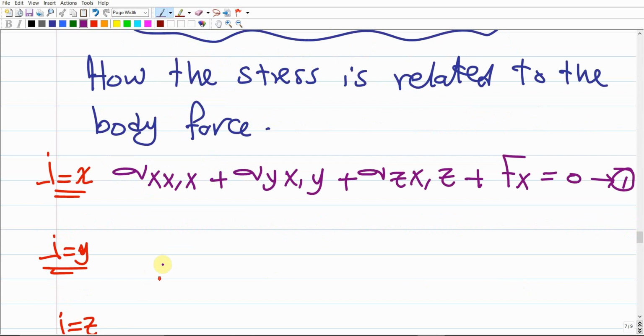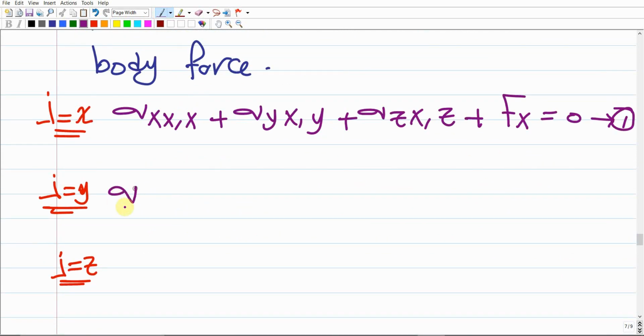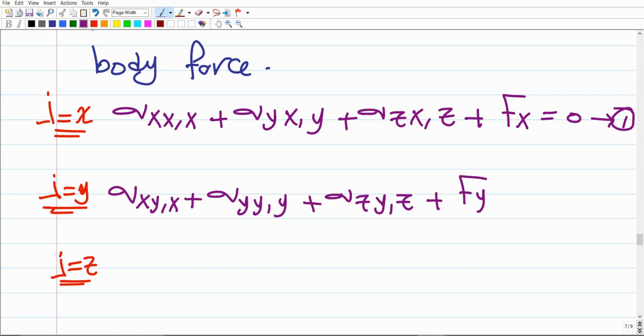For the second equation, now i is going to be y, and still j is going to be x, y, and z, three terms. So we end up with sigma xy comma x, where j is x but i is y, plus sigma yy comma y, plus sigma zy comma z, plus the body force along the y direction, fy, equals 0, and this gives us the second equation.